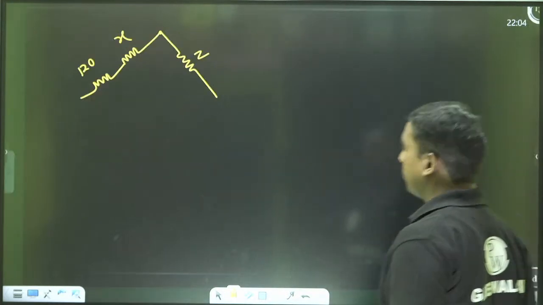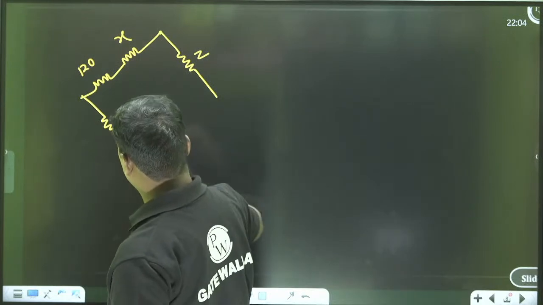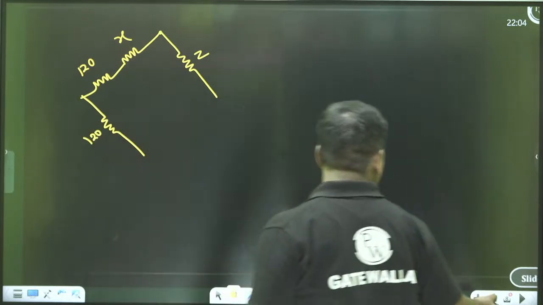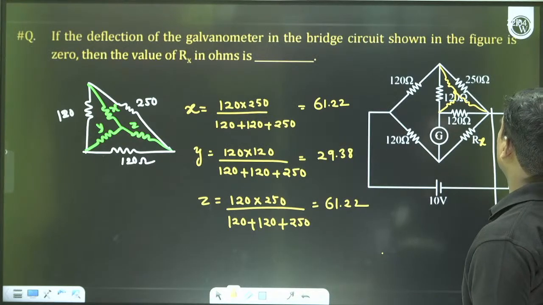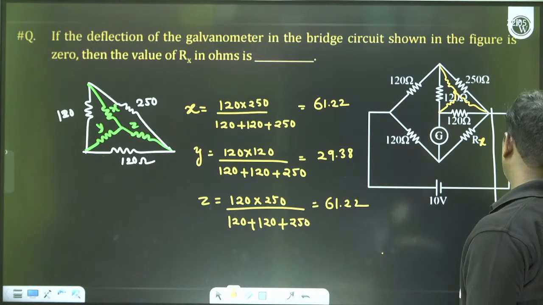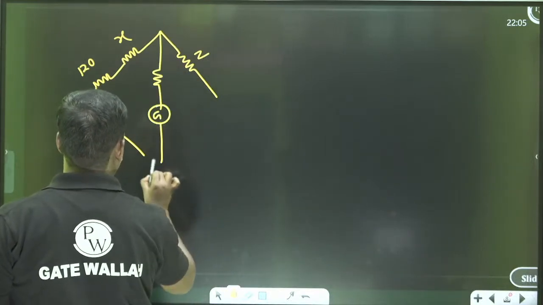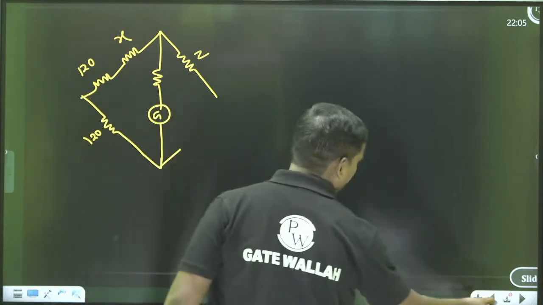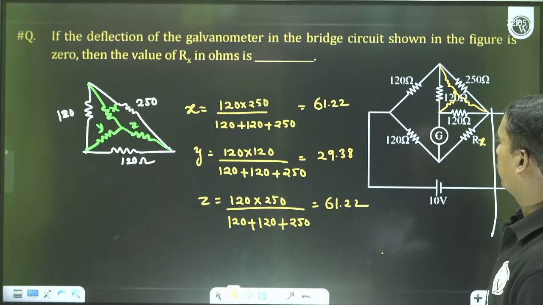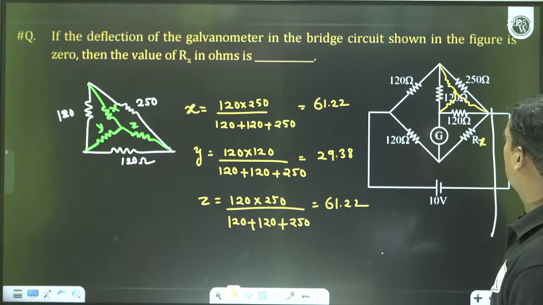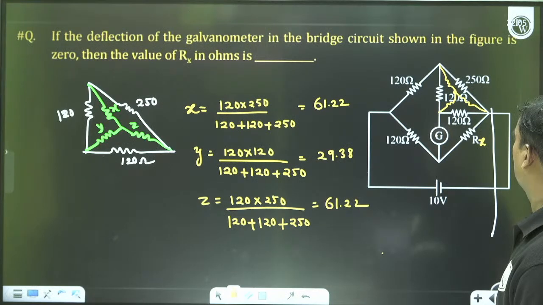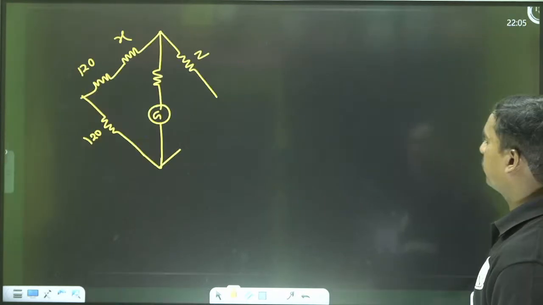Next, this is 120. Galvanometer. This is Rx.